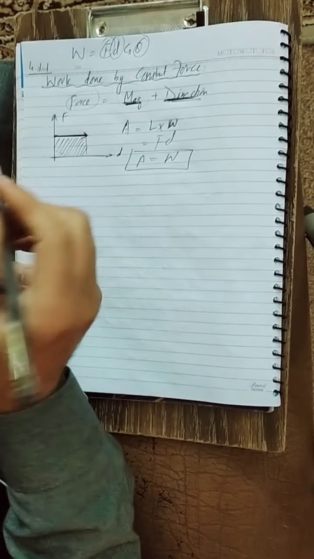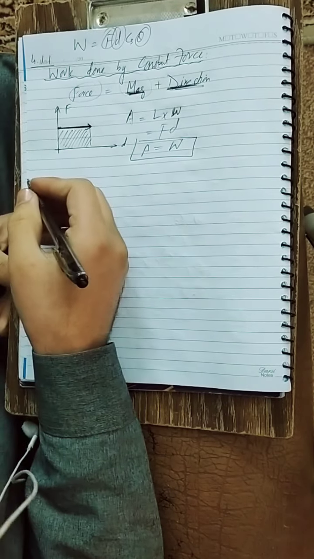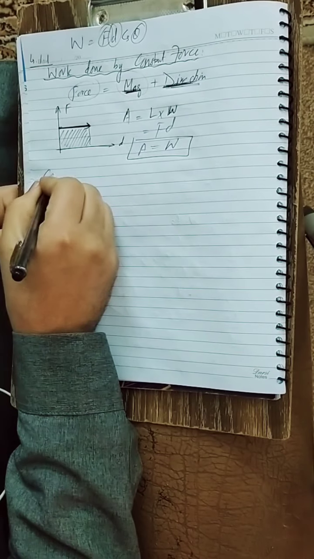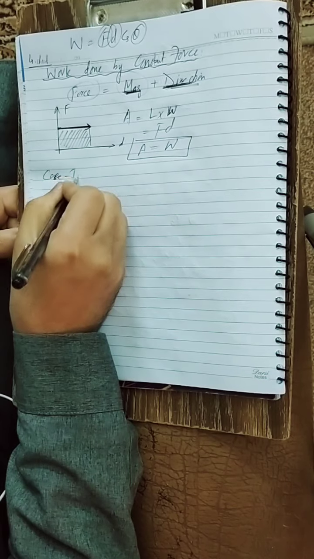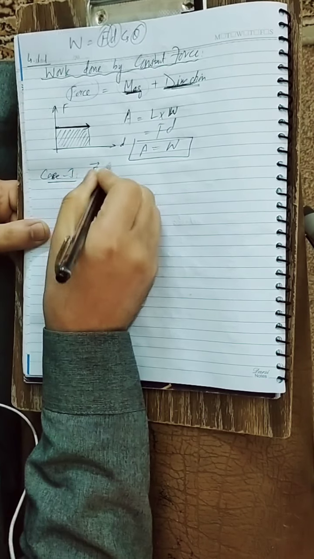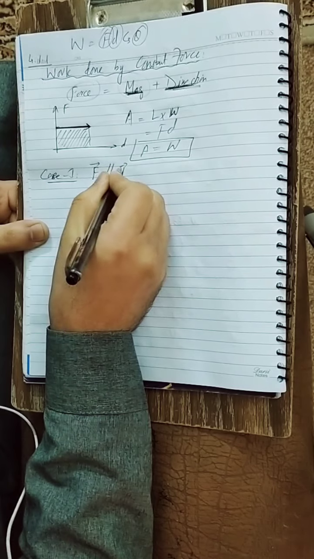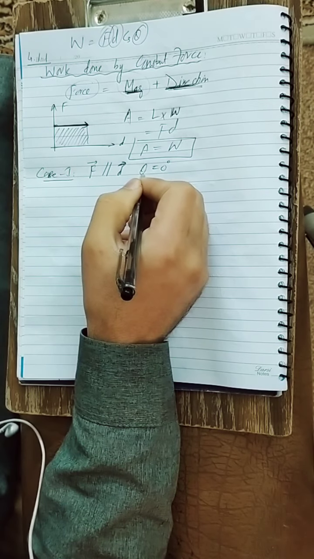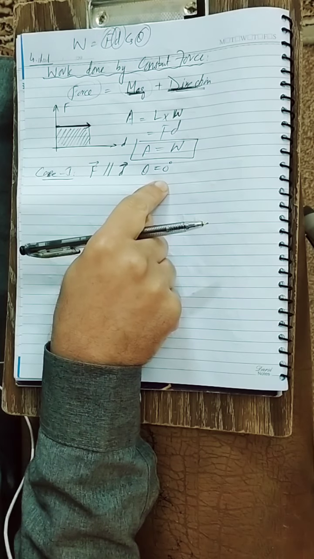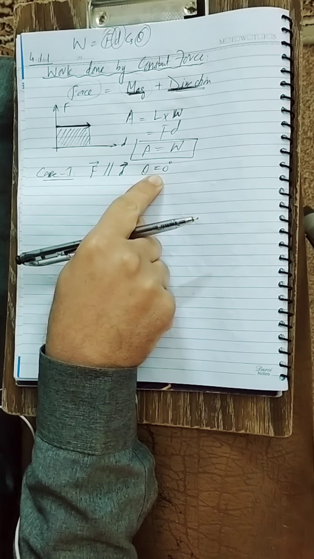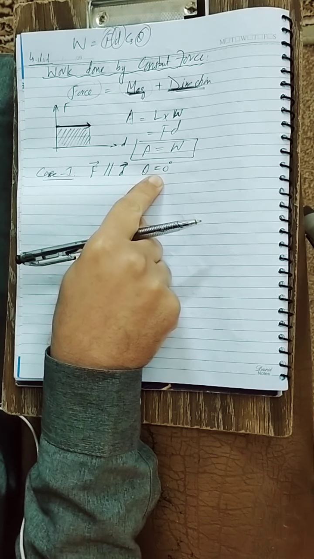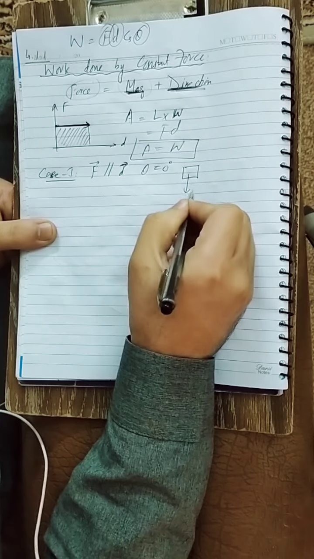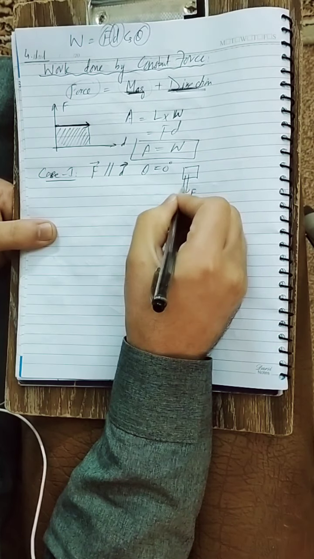Okay. If we talk about the constant force, it means its magnitude and direction both are constant. Suppose case number one, force is parallel to displacement. The direction is 0 degree, both are the same in direction, and this 0 degree is constant, it is not changing further. Suppose we have a body on which the force of gravity is acting down and it covers displacement down.